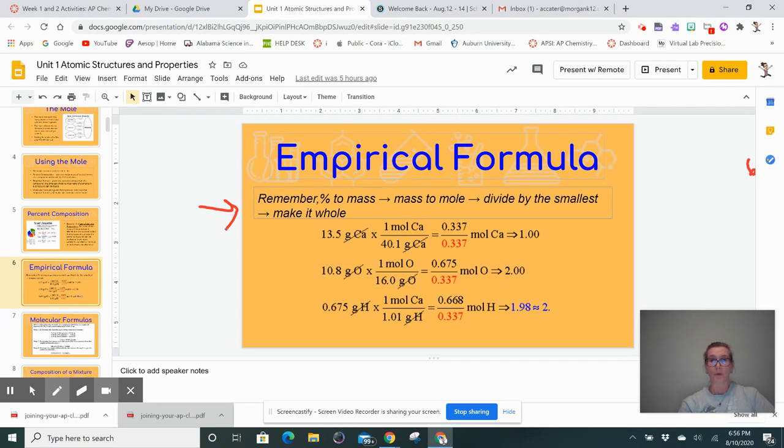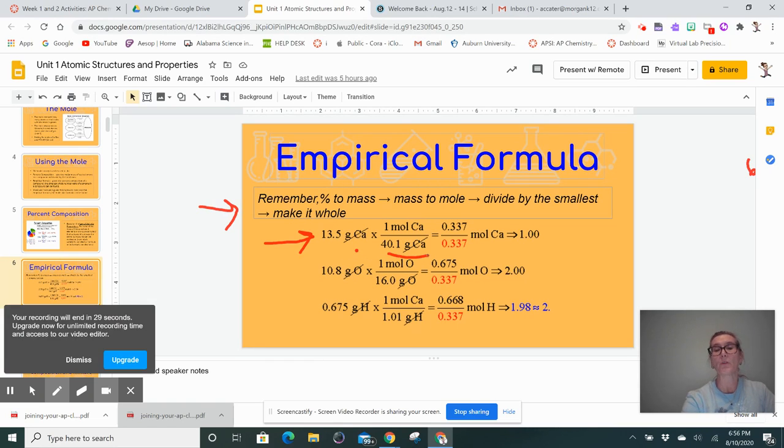For example, calcium hydroxide. We have 13.5 grams of calcium, and we use the mass to mole ratio. I know that in 1 mole of calcium, there's 40.1 grams, and so that gives me 3.37 moles of calcium.